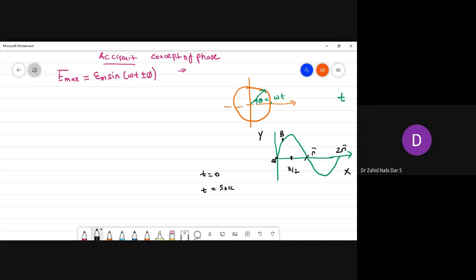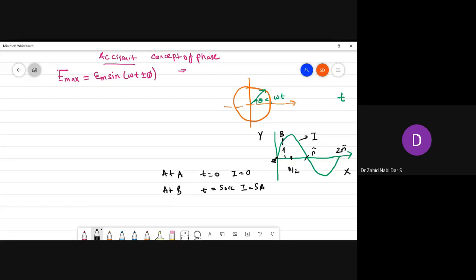Suppose this is the graph for current, and at t equal to 0 the value of current is also 0. But at point B there is some value of current. Let's suppose I is equal to 5 amperes.